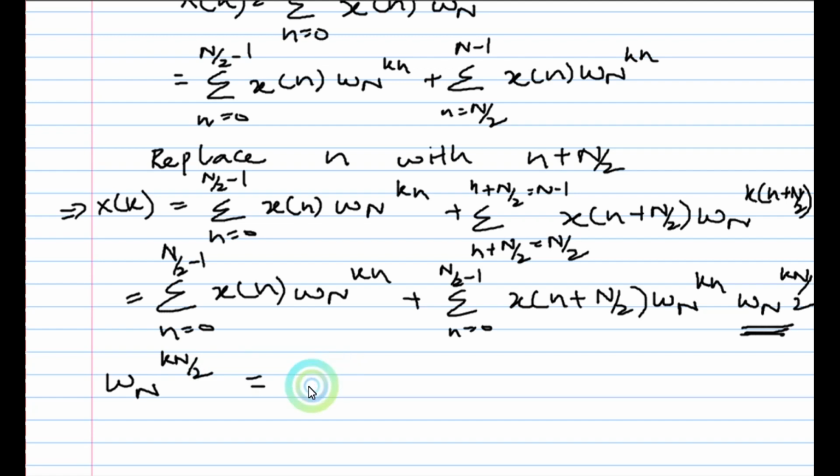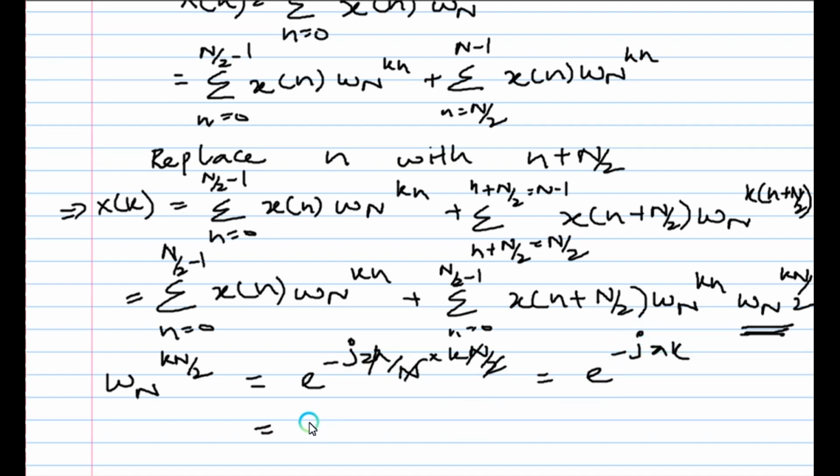So W_N is equivalent to e raised to the power minus j 2 pi by N, fine. This is being multiplied by kN by 2. So N and N cancel out, and also 2 and 2 cancel out. So it's e raised to the power minus j pi k, fine.